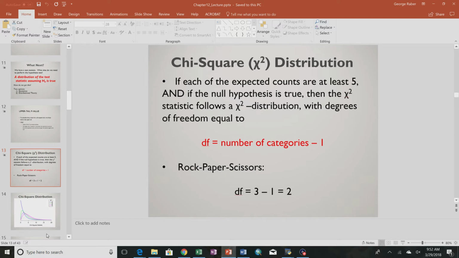That shouldn't be a problem most times, because either it's obvious that it's not a uniform distribution if you get some below 5, or you could just go out and collect more data until you get at least 5 in each category. So the number of degrees of freedom is the number of categories minus 1. In this case, it equals 2.